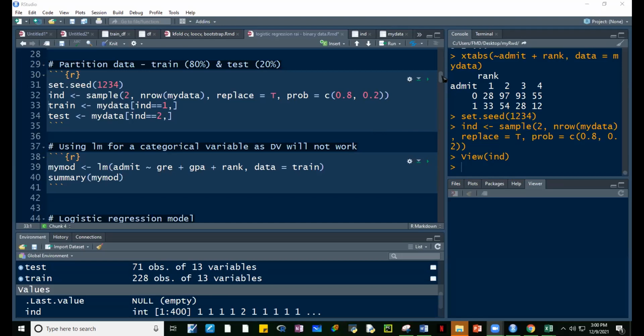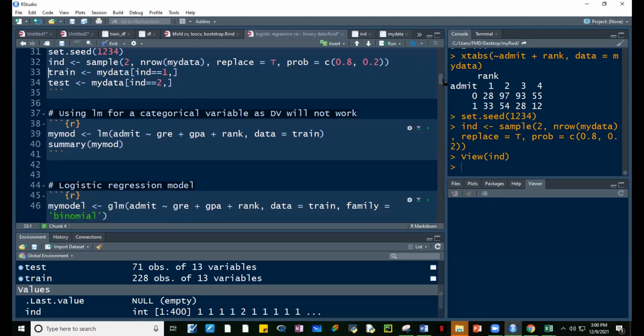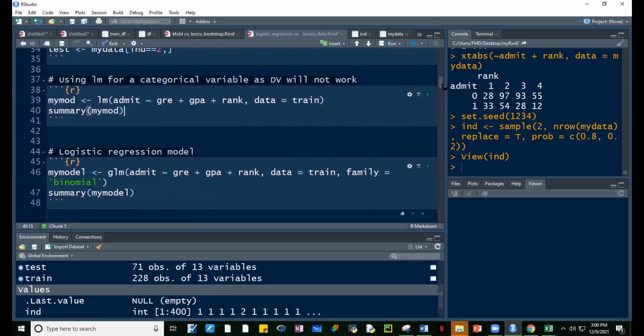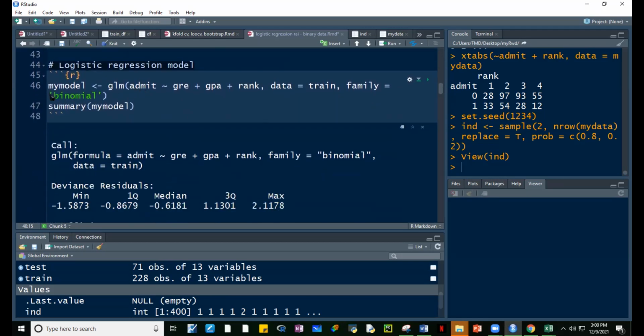We said last time that the regular LM function, the linear model, will not work because your admit data is categorical. So we'll run this one now. My model uses the generalized linear model, GLM, with dependent variable admit, regressed on GRE, GPA, and rank.